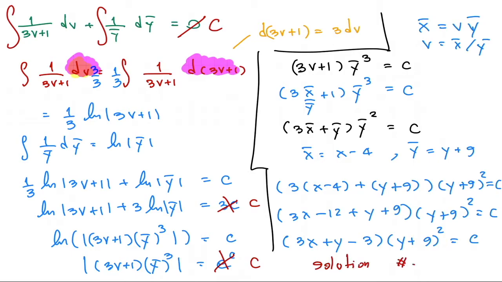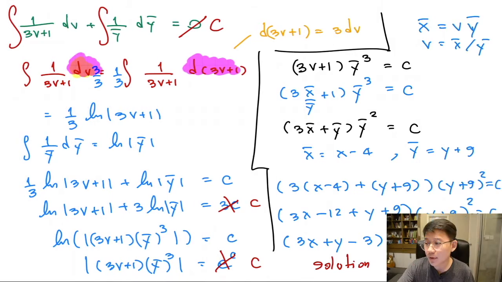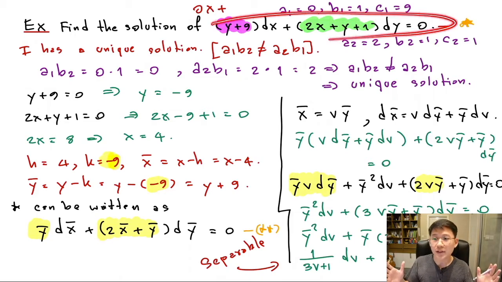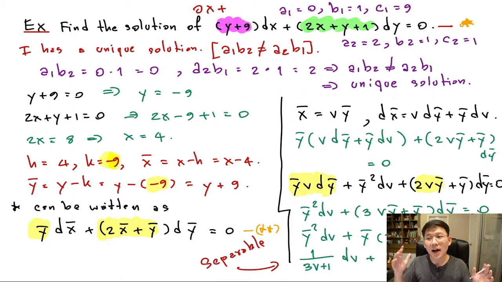Is it hard? I know it can be confusing because it's such a long process to solve the equation. So just to sum it up, first, we look at this problem, this equation. After that, we see whether or not we can find a unique solution by checking this.